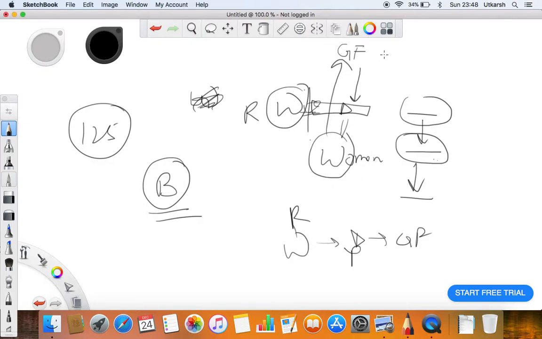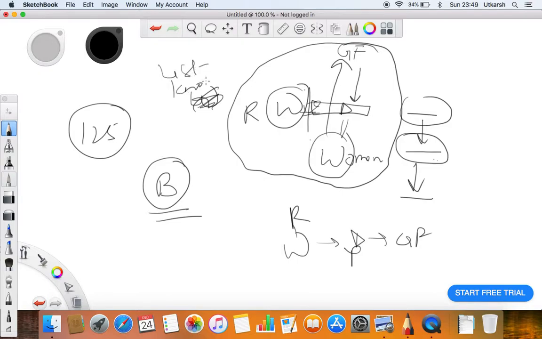So you should always represent it pictorially in a structure, and don't start solving the question first. Just list the knowns. Here I listed the knowns, then I saw the picture and said Rajesh's wife is his daughter, so these are equal. Since she's the only daughter, she has to be her mother, so Rajesh automatically becomes her father.